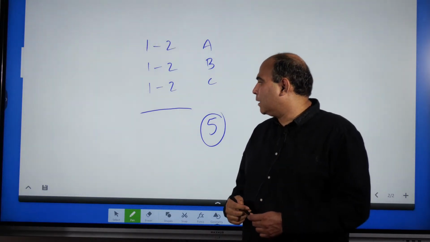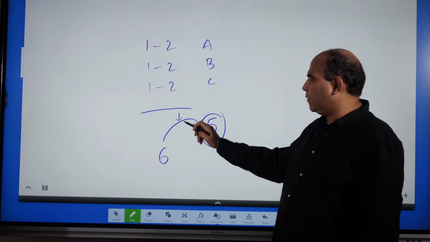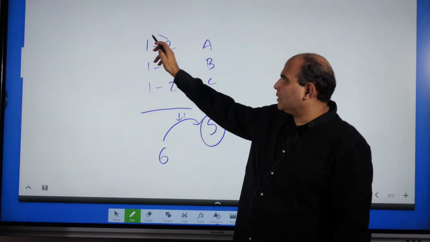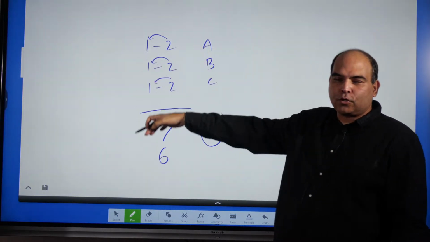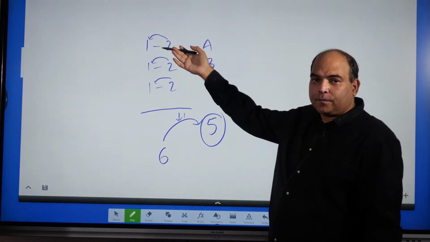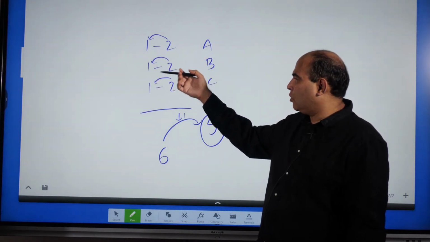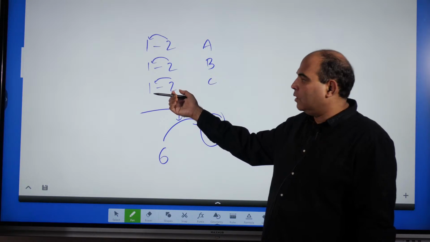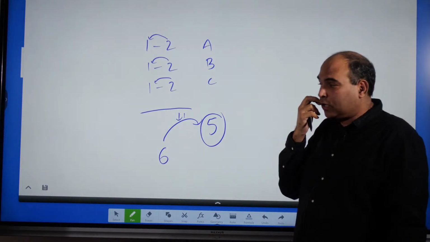What you conclude is that the maximum total possible is 6, and from 6 there's a drop of 1, and the only mechanism of dropping is to drop either this or this or that. There are 3 mechanisms through which you can drop. So either A is 1 and B, C are 2, or B is 1 and A, C are 2, or C is 1 and A, B are 2 each. So this is what the structure would be.